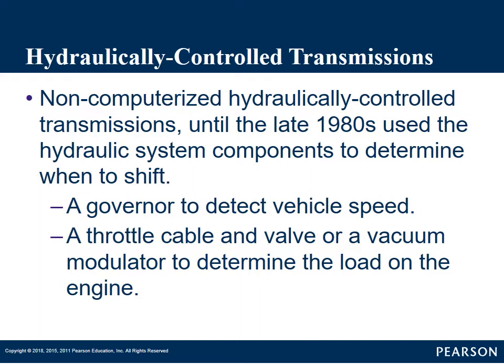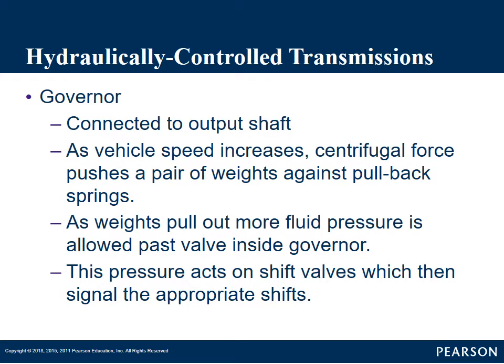And we'll discuss what these different systems look like and how they worked. Again, we're going to focus on the hydraulic controlled systems first, and then we'll move into electronic systems later.